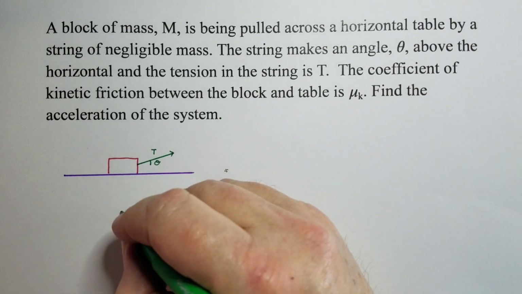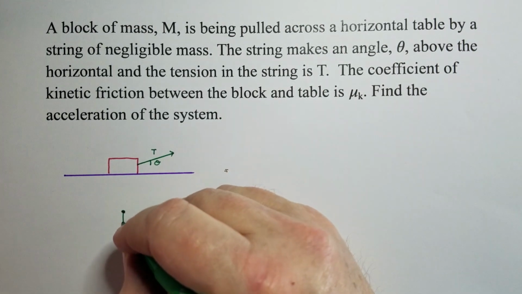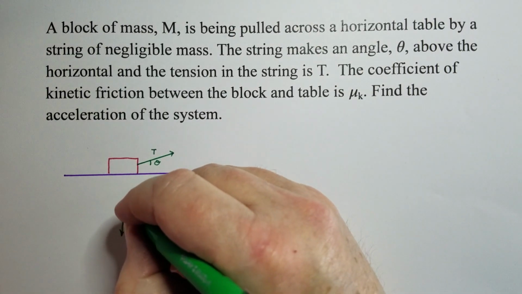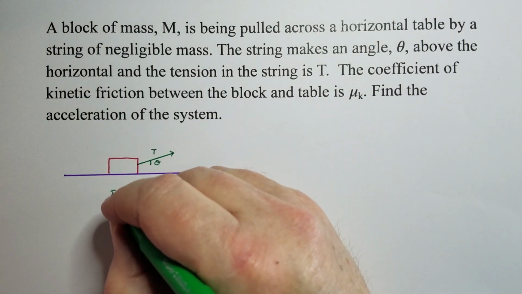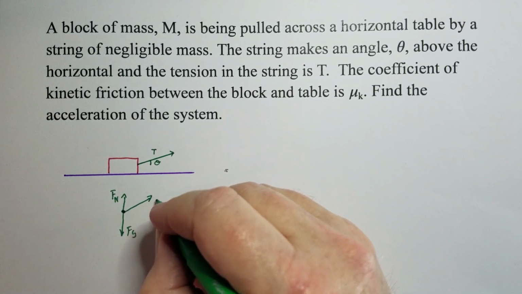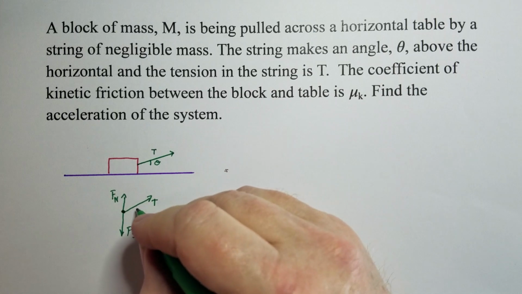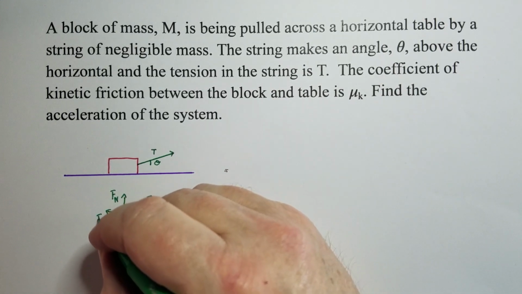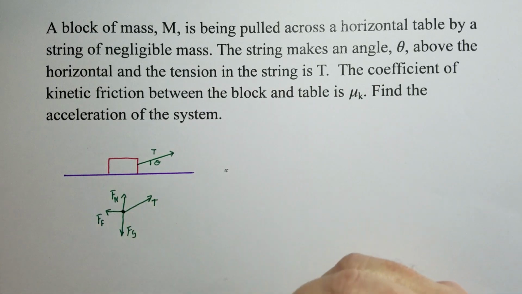So if we draw a free body diagram of this one, we have gravity acting down. We have the normal force acting up from the table. Tension is at that angle theta with the ground, and we do have friction going back the other way.